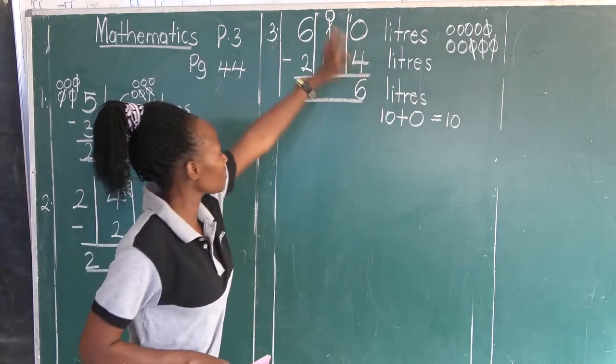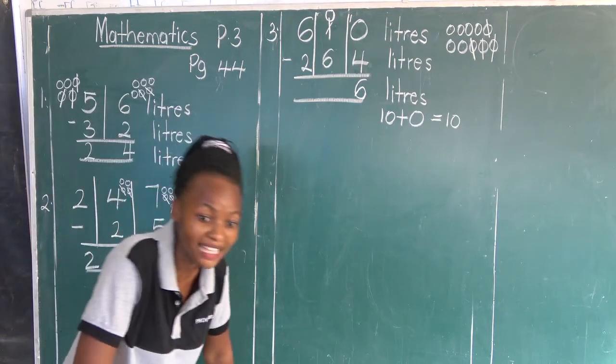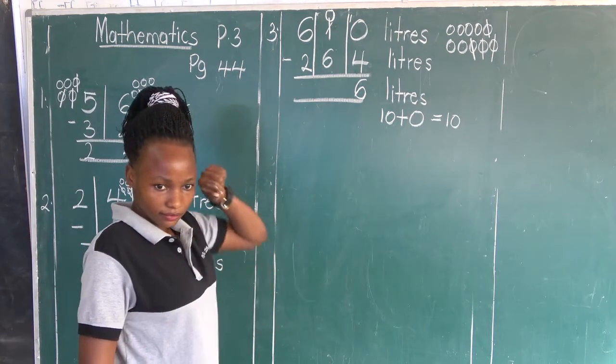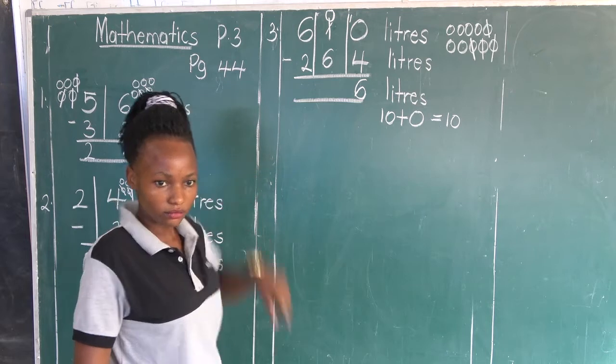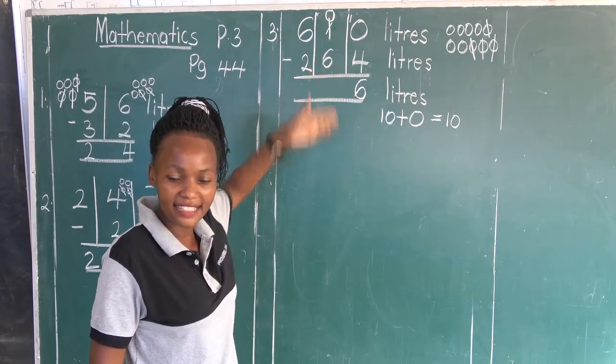Okay? Now we are coming to the next place value. Now you can tell me which numbers are there under tens.